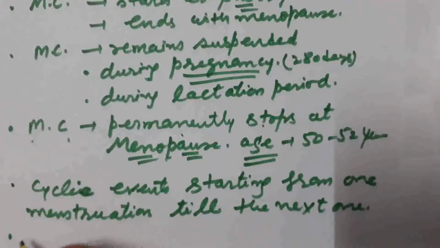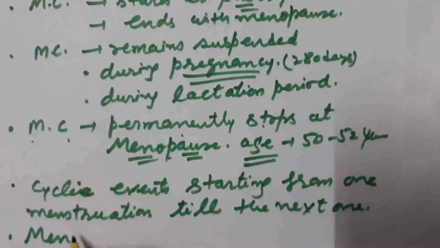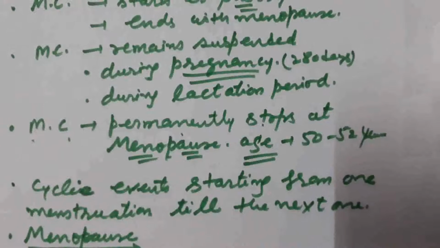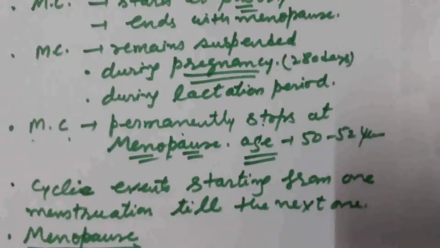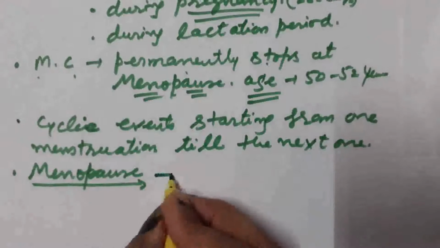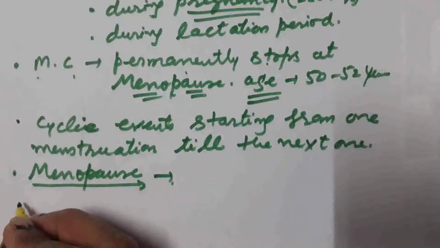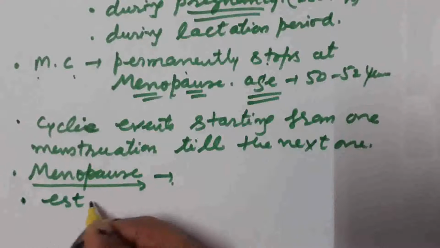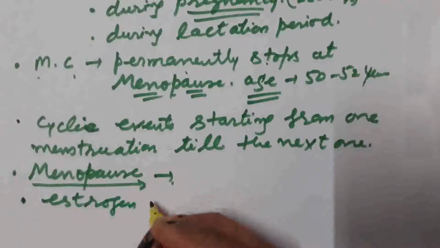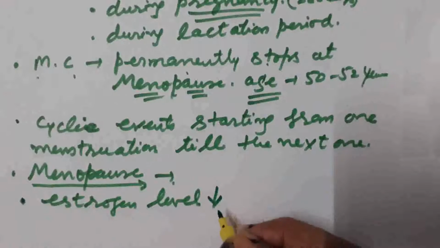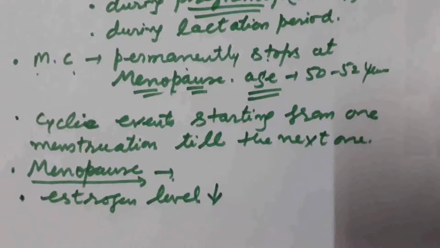At the time of menopause, certain changes we observe in the human female. These changes are: estrogen level starts decreasing day by day.